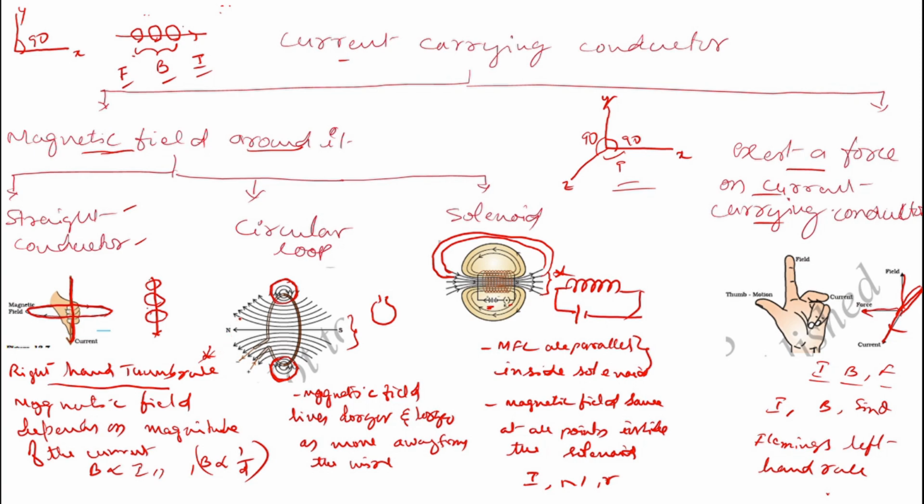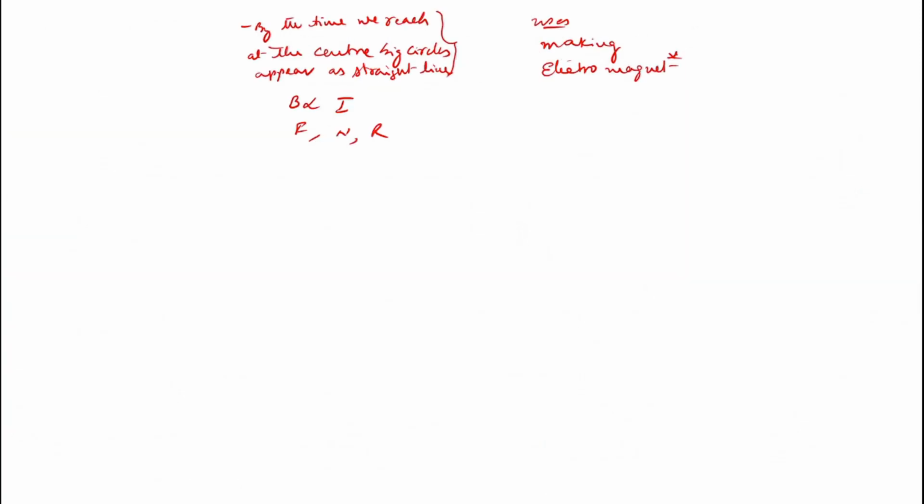Is there any practical application by using these three parameters? Yes. One is the electric motor. What is an electric motor? Then the question will come: it converts electrical energy into mechanical energy. Next we will see.